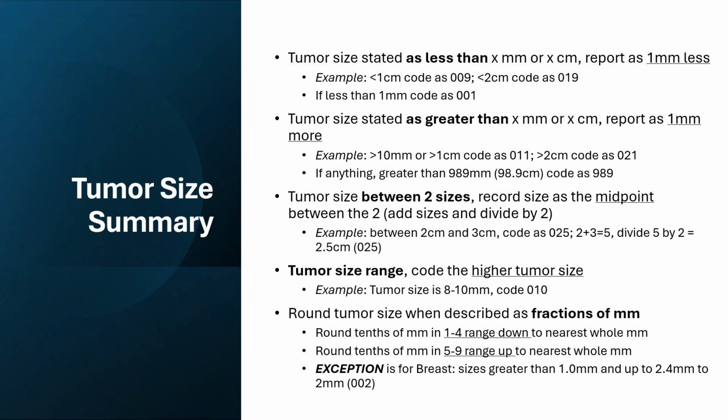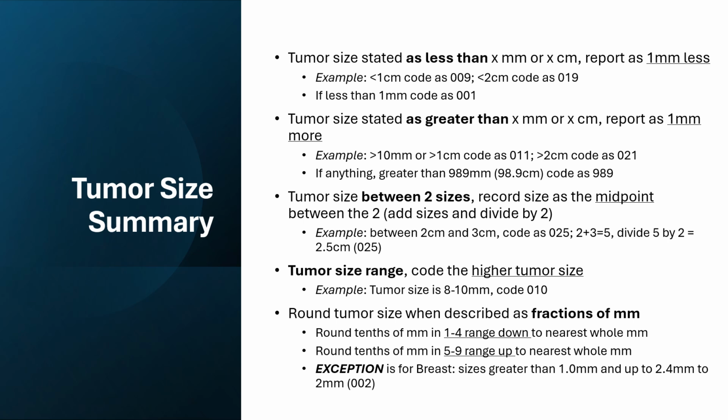If it is given to us in a range, then we want to record the higher tumor size. So if the tumor size is 8 to 10 millimeters, then we would code 010, the 10 millimeter size, the higher size. And when you are given fractions of a millimeter, then we are to round the tumor size.